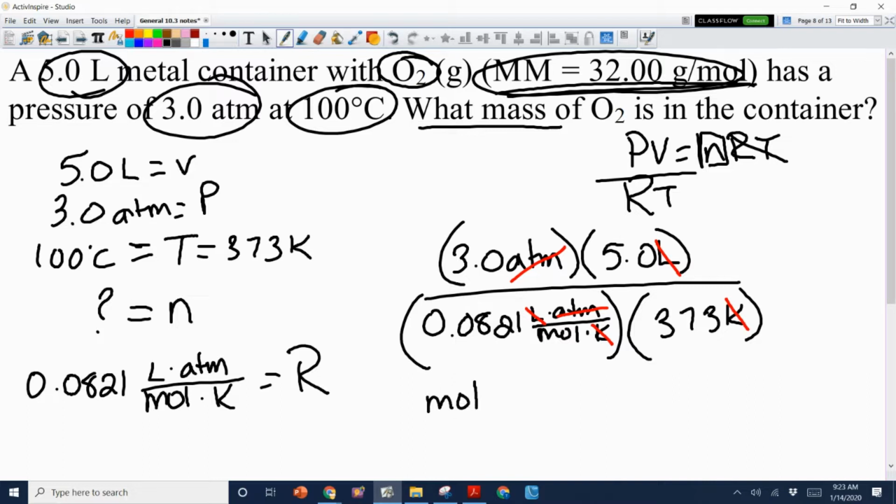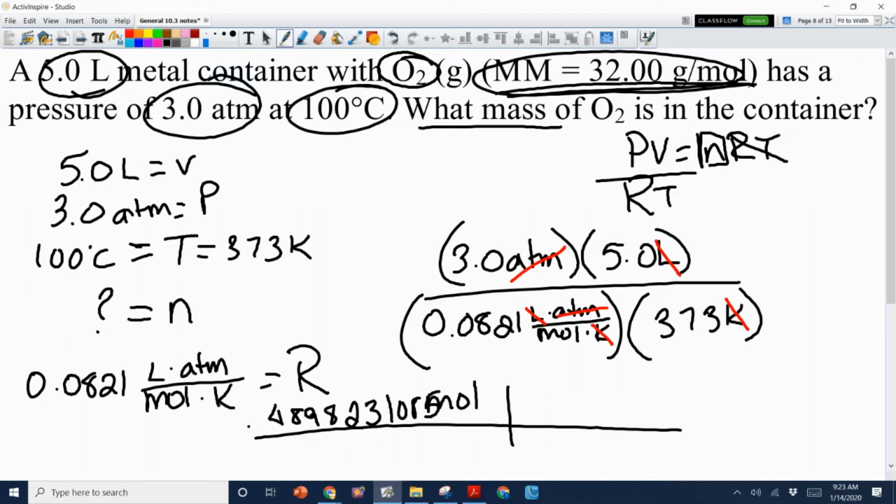All right, so we pick up our calculators once again. 3.0 times 5.0 divided by 0.0821 times 373. Okay, so I'm going to get 0.4898231085.